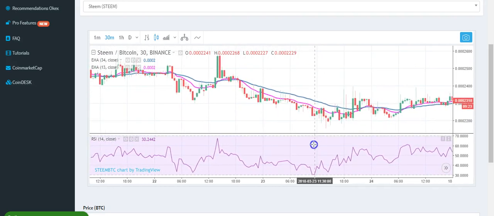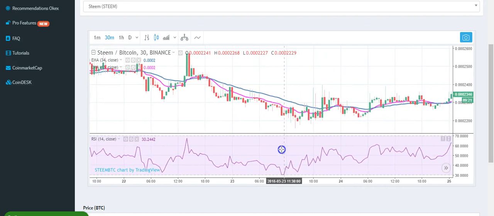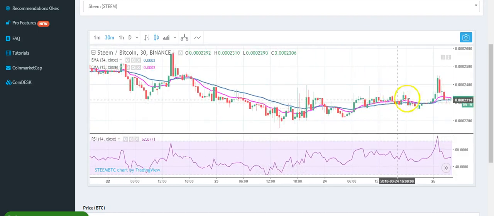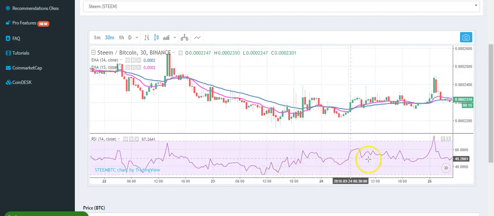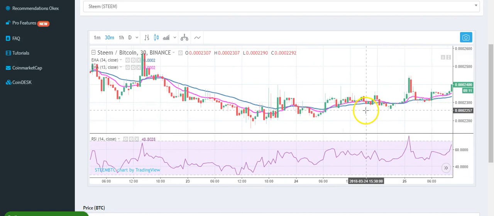Okay, so we end up rising. So now there's really no more purchase room. I mean, you can buy, but you never know if it's just going to drop.